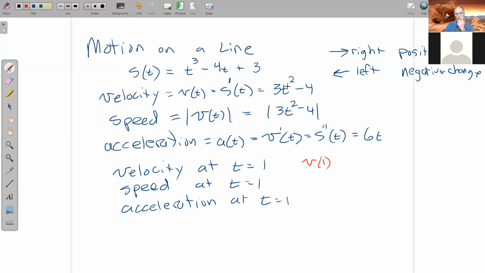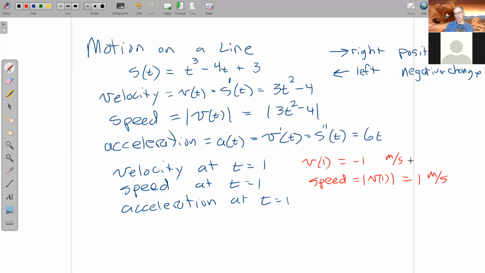Here's my velocity: 3 times 1 squared is 3, and 3 minus 4 is negative 1. So the velocity is negative 1. Let's suppose we're doing meters and seconds, so meters per second. Speed, then, would be the absolute value of that, which is just 1 meter per second.